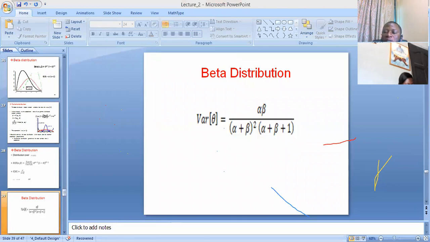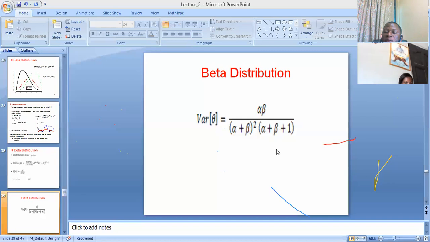And in that situation, I'll be able to find my alpha and beta and substitute them into these equations, the mean and the variance. That will give me the posterior mean and then the posterior variance.